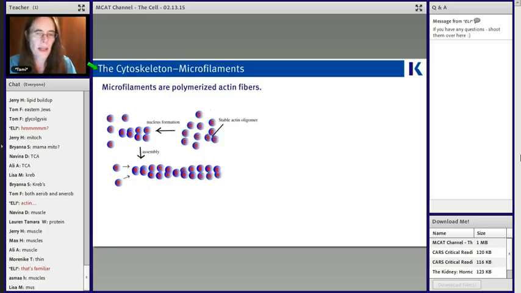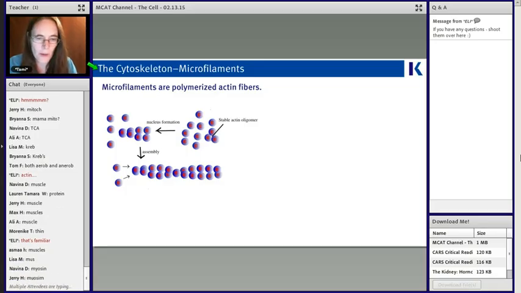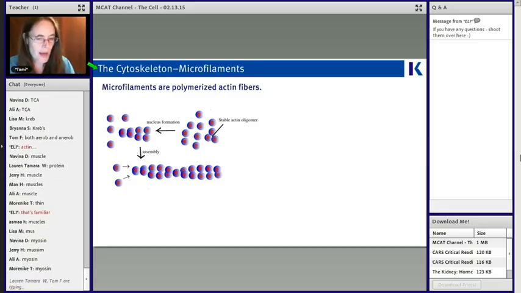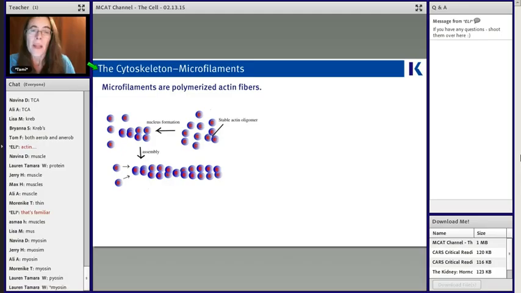Absolutely perfect. Just for fun, what is the thick filament within our muscle cells in that sarcomere? Nice, myosin. So microfilaments are used to move things around. Our actin moves across the top of the myosin during that power stroke.